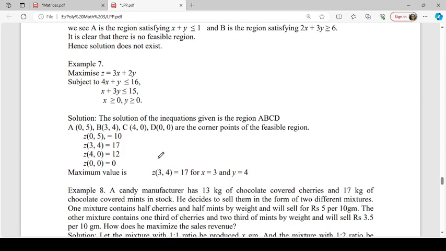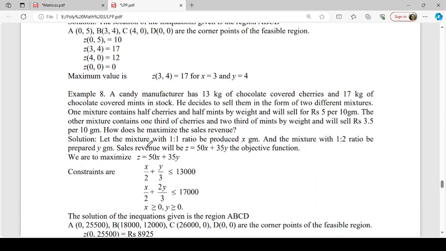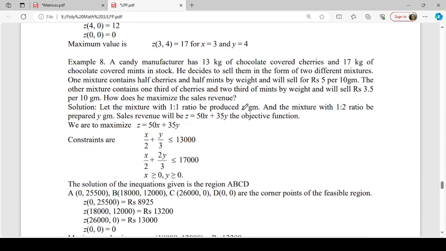Maximize this, and these are some model questions. These are practical problems for profit and loss, and how we are projecting this to mathematical equations.